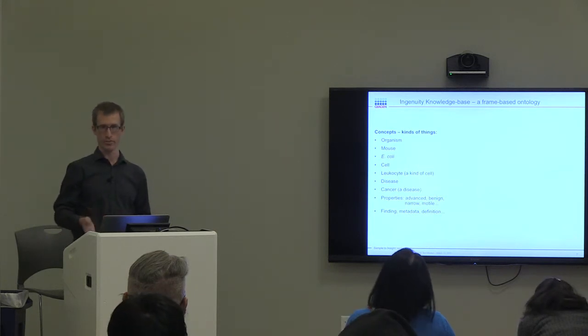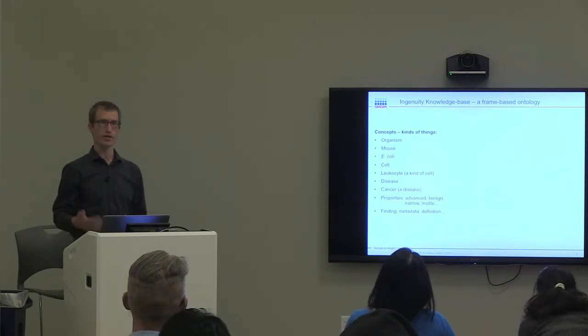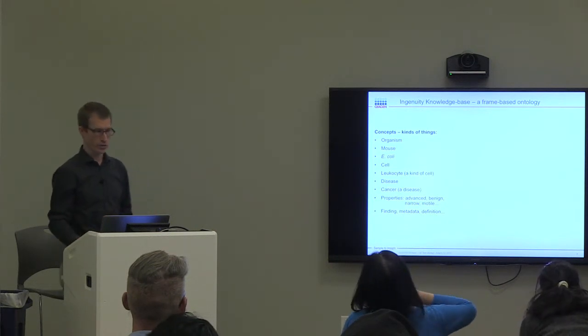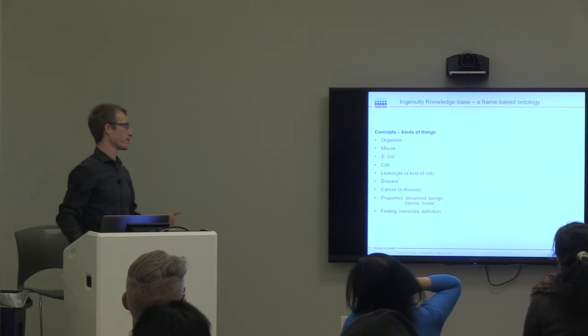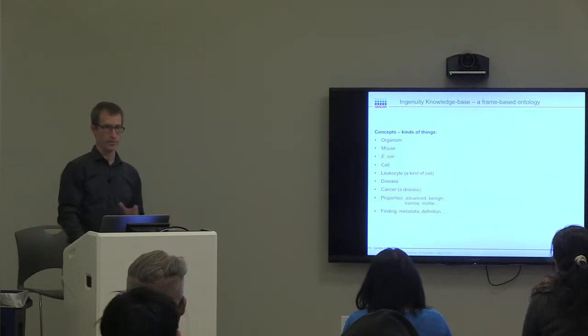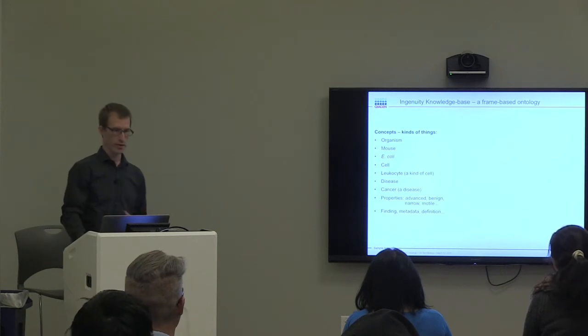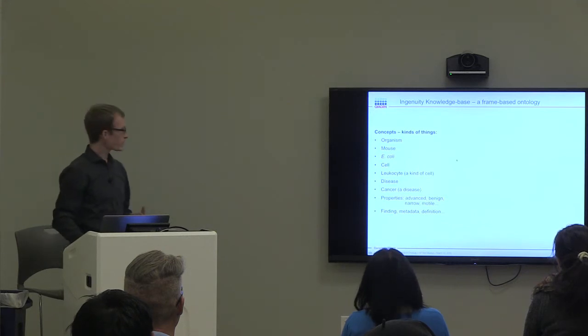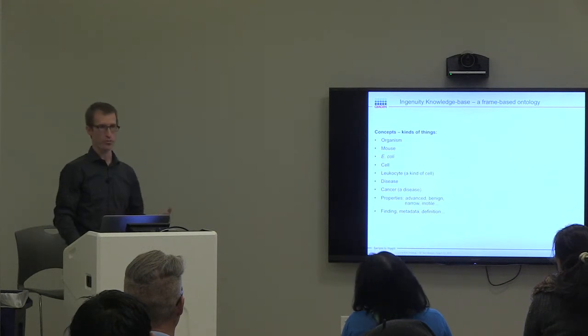Jay was talking about topics; we talk about the things themselves. We would have a concept for organism. A subclass or subtype of that would be mouse or E. coli. There are other physical things like cells, but then there are other things as well. We'll distinguish those, and I'll show more of that in a moment.